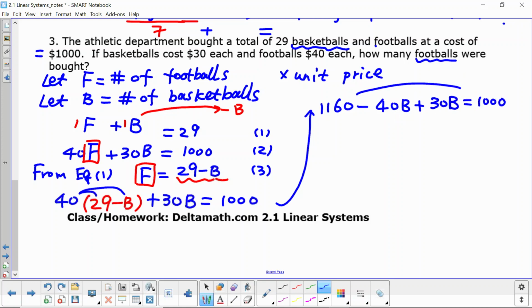Then we move the 1160 to the other side and collect the like terms. You have negative 10b equals negative 160. Then solve for b. We move the negative 10 to the other side by doing division. Then you have b equals 16.